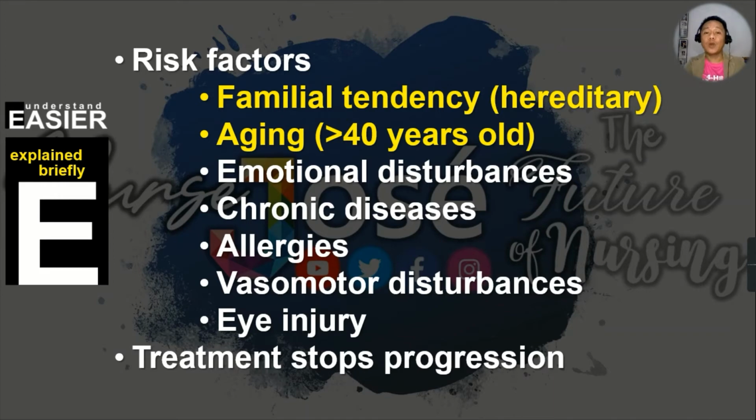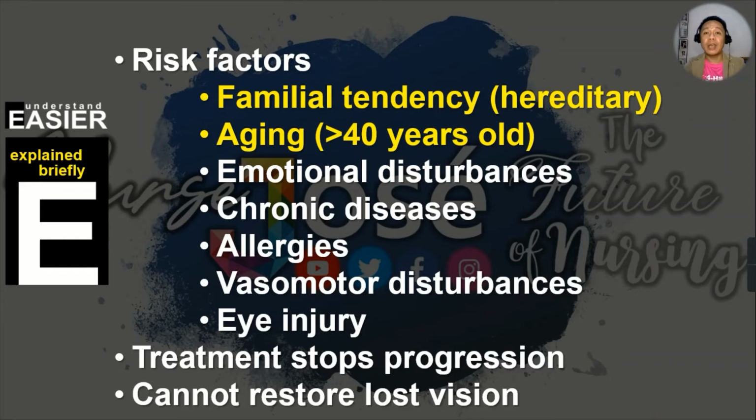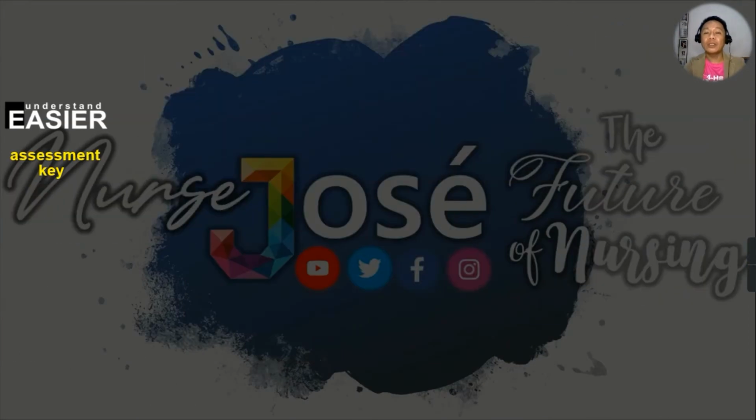The treatment of glaucoma is focused more on stopping the progression of the condition. But the treatment does not restore your lost vision. If there is already loss of your peripheral vision, that is already lost and will not be restored.